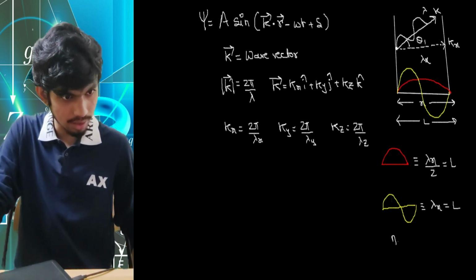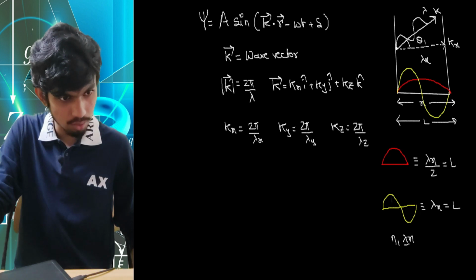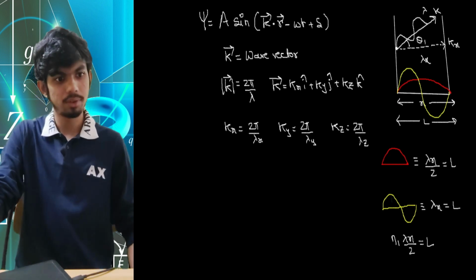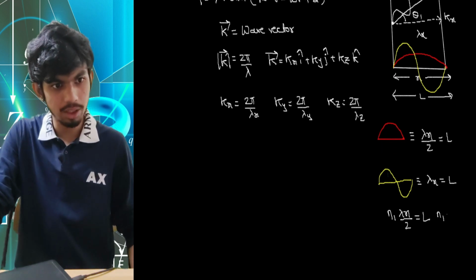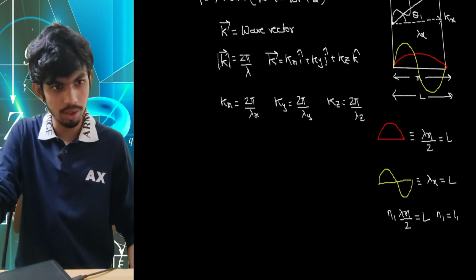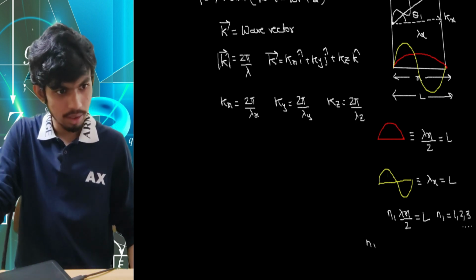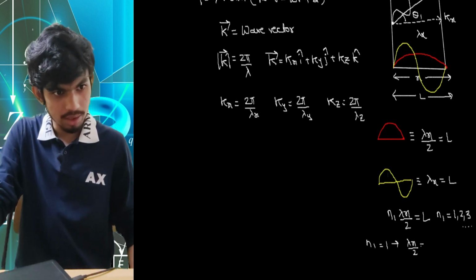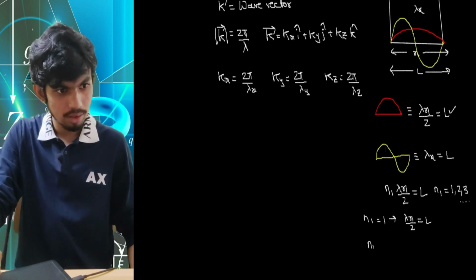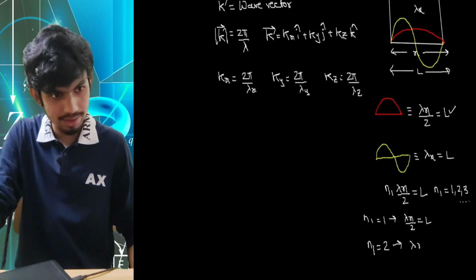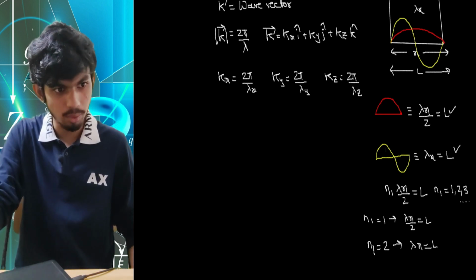I will say n1 lambda x by 2 is equal to L. Notice very carefully that n1 can take only positive integral values. So n1 is 1, 2, 3 and so on. When n1 is equal to 1, I'll have lambda x by 2 is equal to L, this one. When n1 is equal to 2, I will have lambda x equal to L, which is this one.